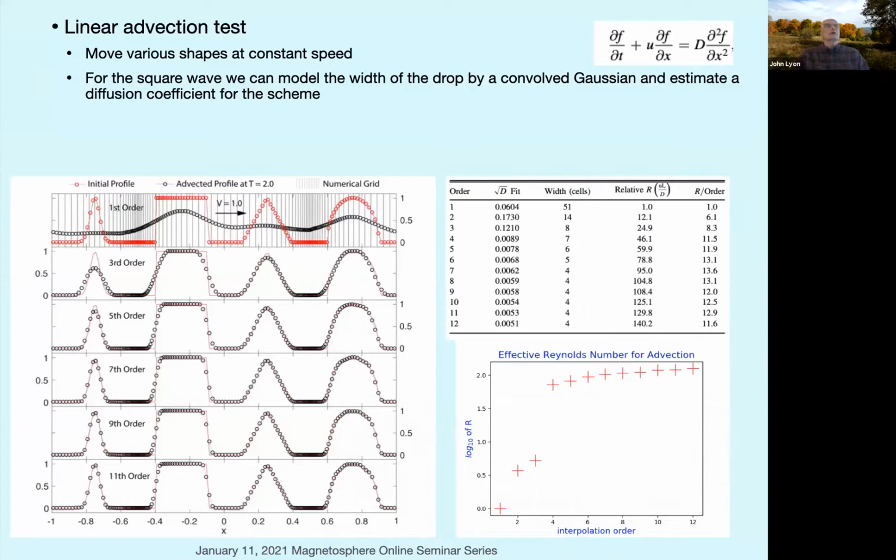So one way of looking at this is to talk about the linear advection test, which is to move various shapes at constant speed and see how good the solution is.